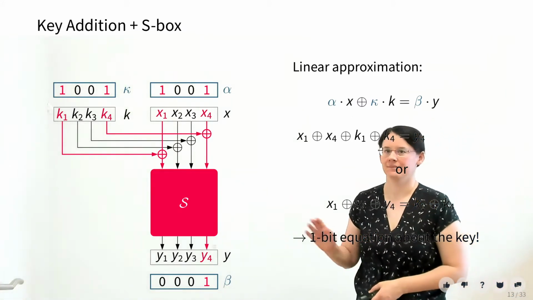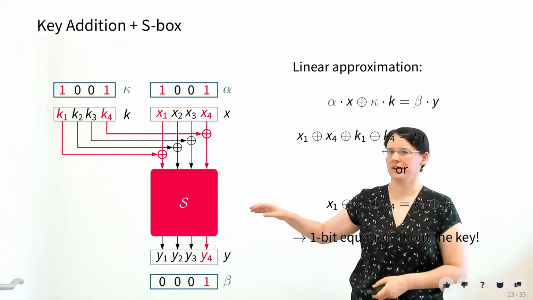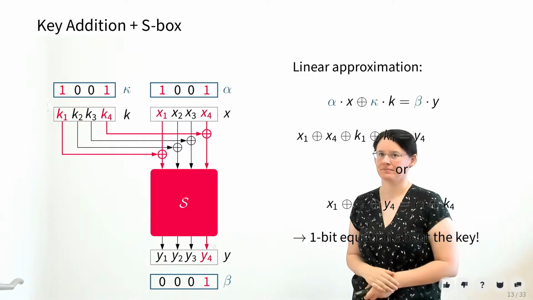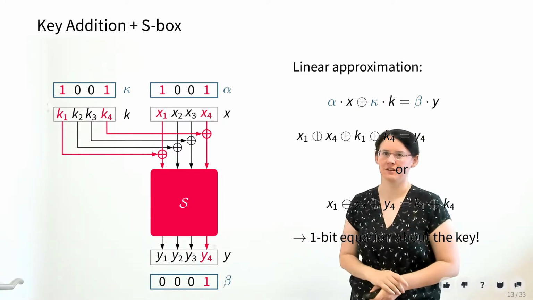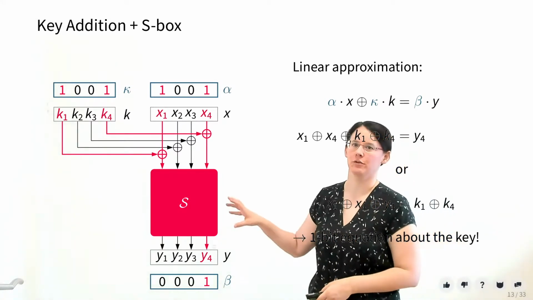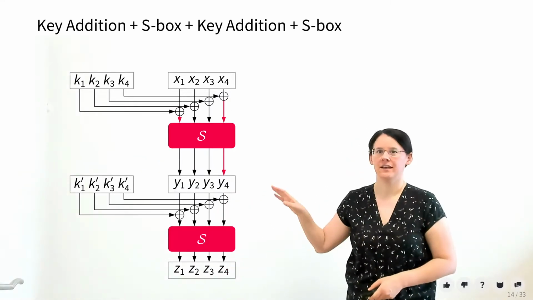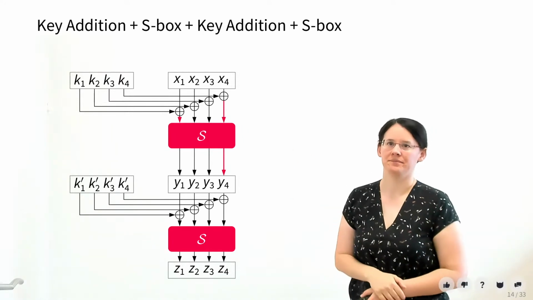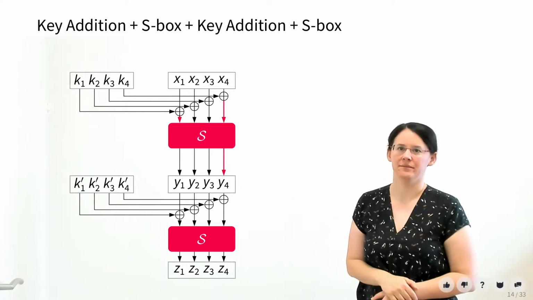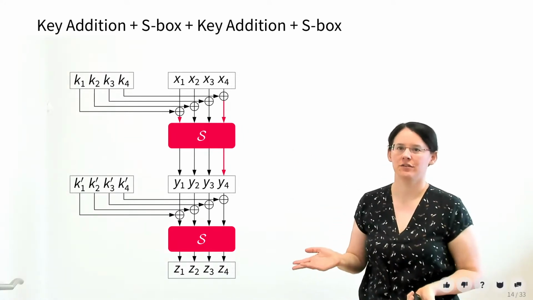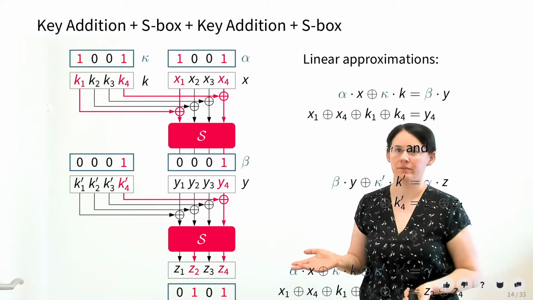So I've now already acted as if this one Sbox would be the entire cipher. Let's get at least a tiny bit closer in that direction by looking not just at one Sbox, but at 2 consecutive Sboxes, each with its own key addition layer. Now this is actually not much more complicated than before.